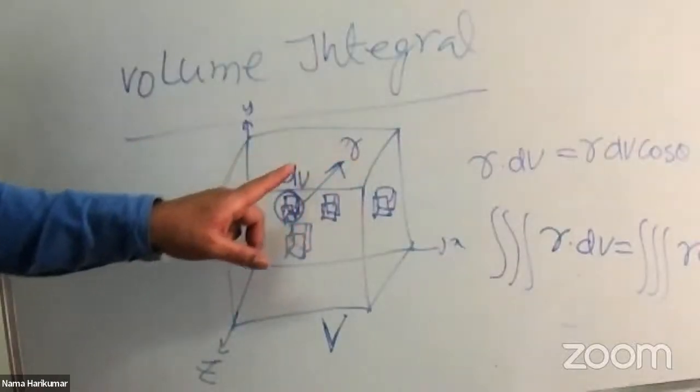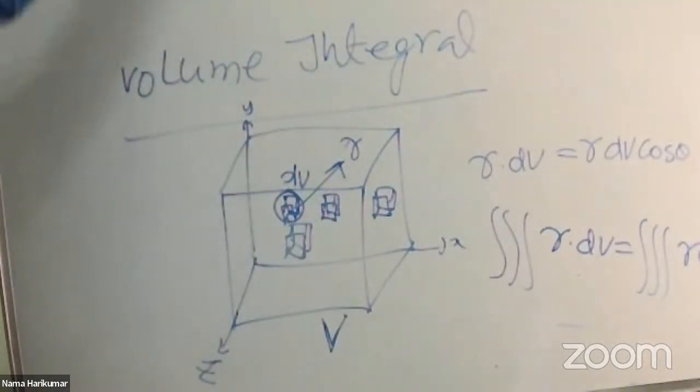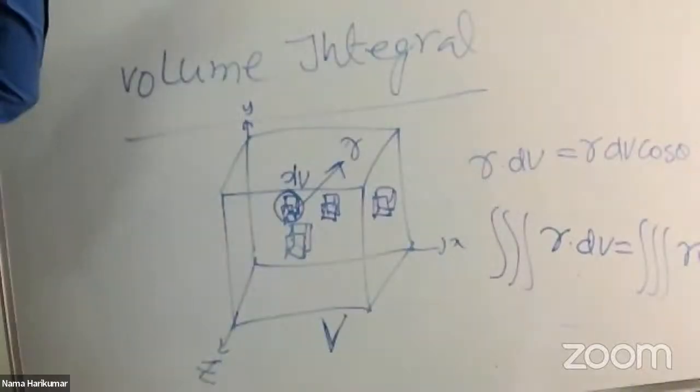So in continuation we have to assume R dot db, R dot ds, R dot dl, like this: A dot ds, A dot db, A dot dl. Any of them should be in sequence.